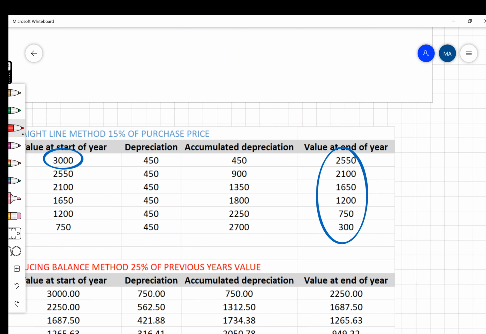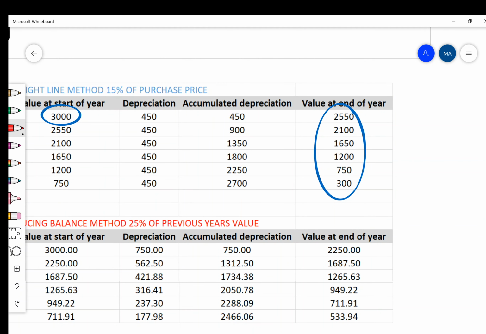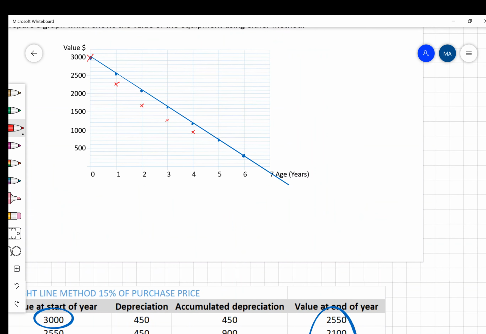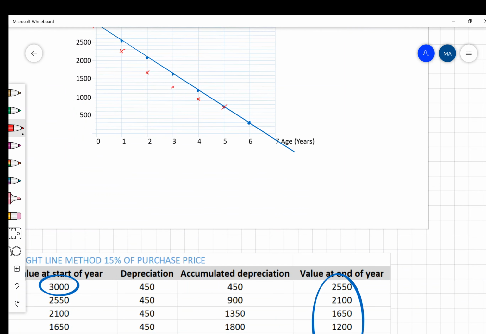And 711, pretty close to 712. So see that the reducing balance method is pretty close to being the same now. So after 5 years under the straight line method, we had 1,200.